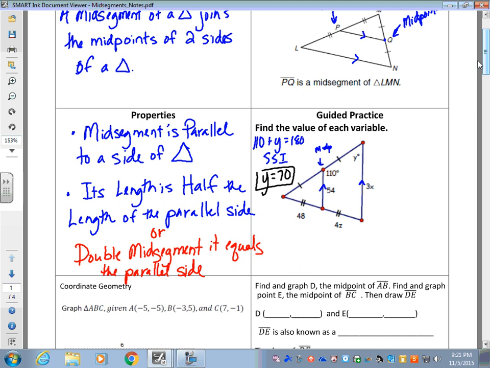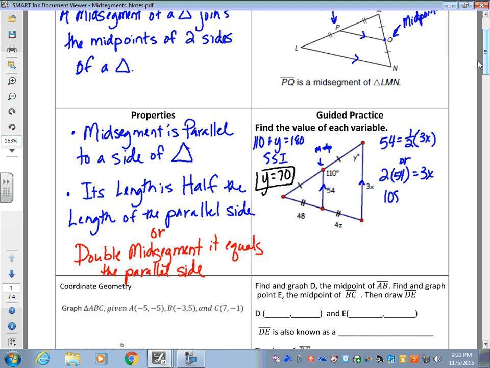And then, since 54 is the midsegment, okay, I can say that 54 is half the length of 3x, or I can talk about it in a reverse relationship. If I double 54, it just equals 3x. And I like saying double because then I don't have to worry about dealing with fractions.